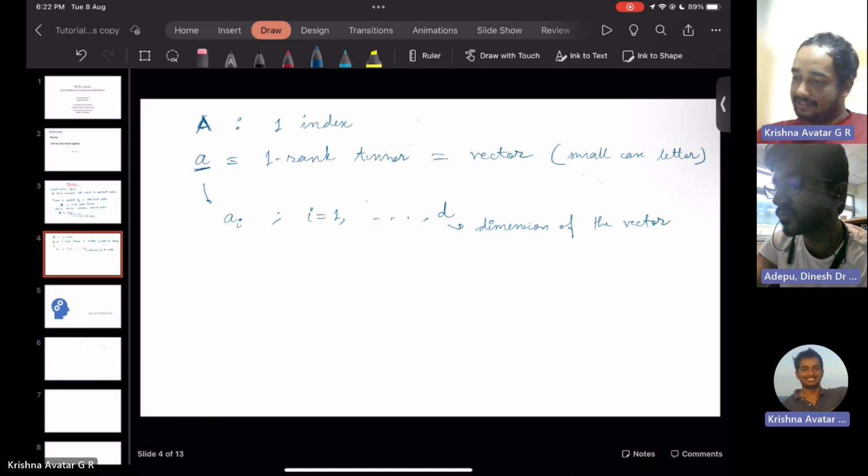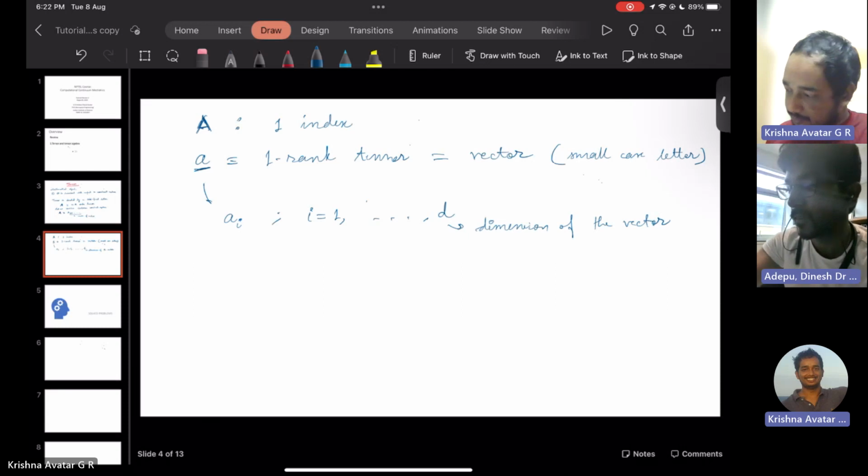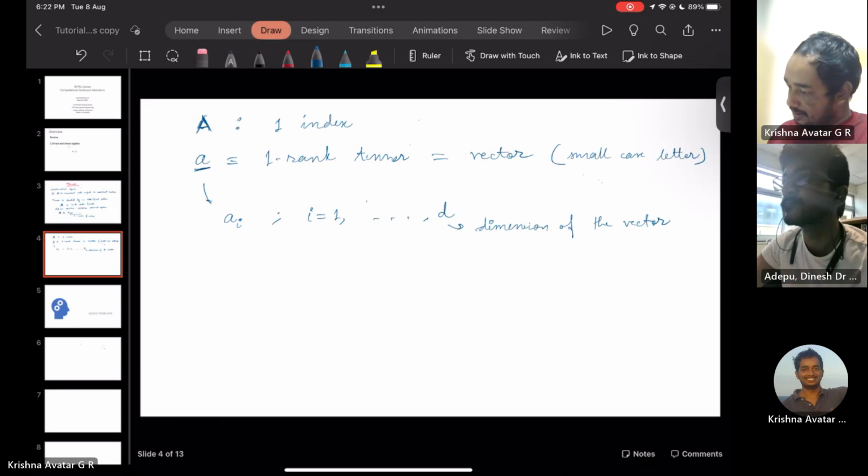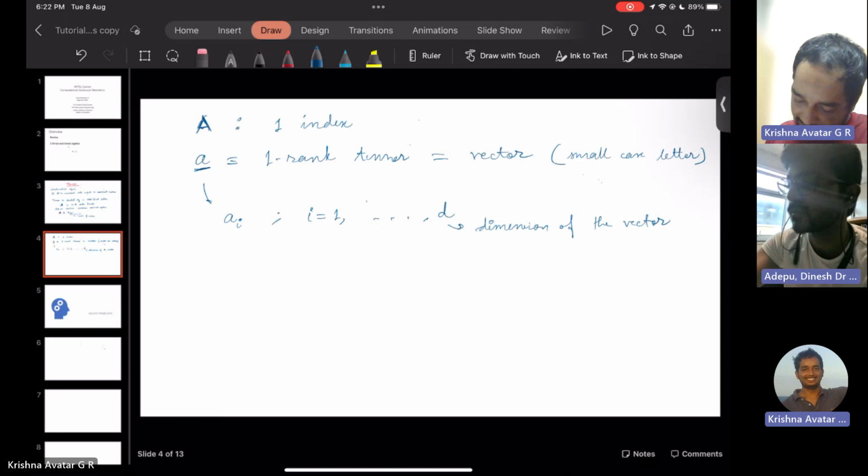Okay, now let's start with vectors and see what properties they have.